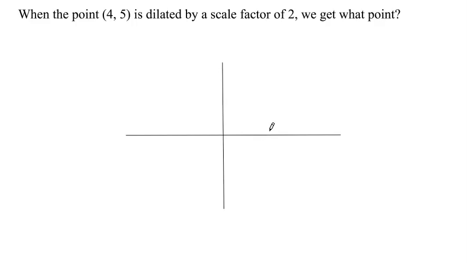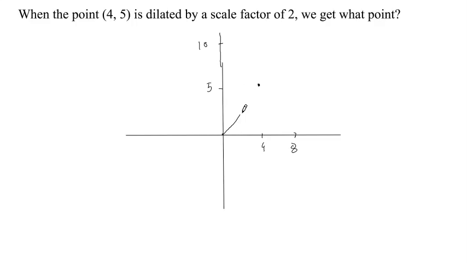Okay, so you have the point (4, 5). So this is 4 and this is 5. So we want to dilate by a factor of 2. So we want to go to 8 and extend this and get 10.